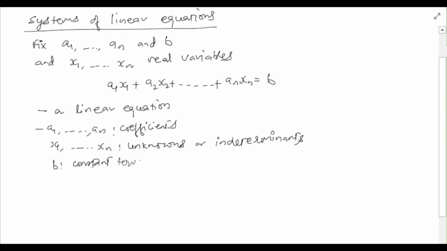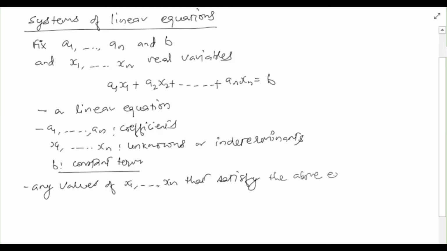Now, any values of x1 to xn that satisfy this equation are called a solution to this equation.